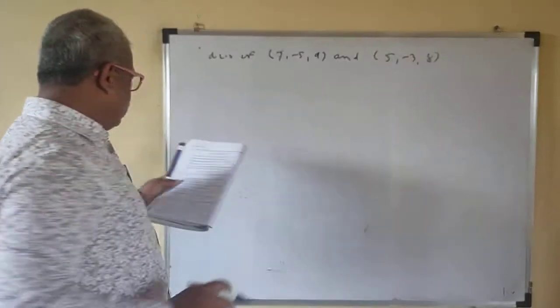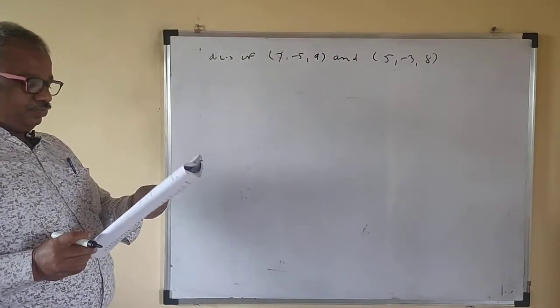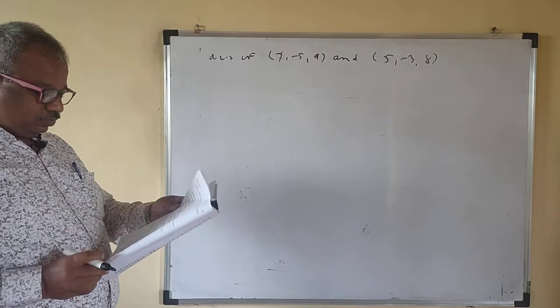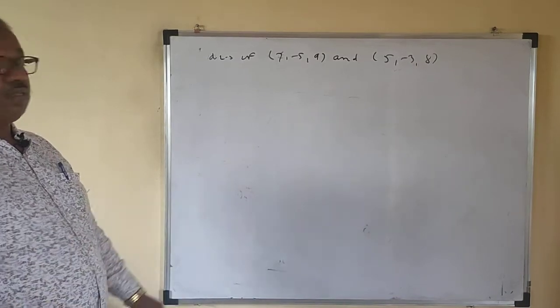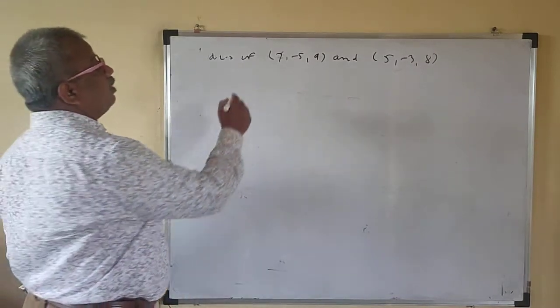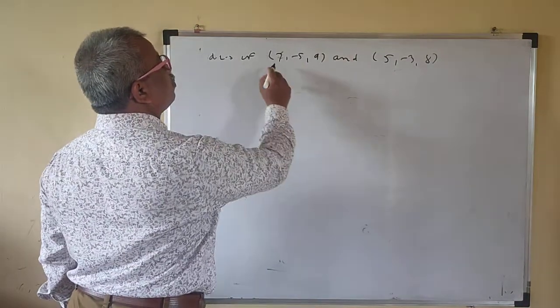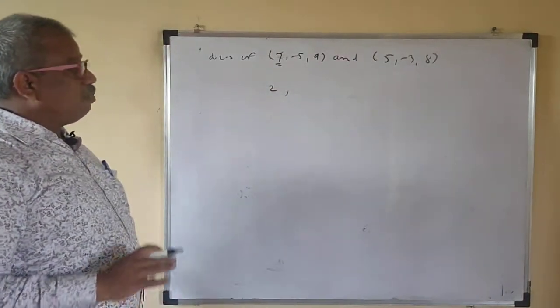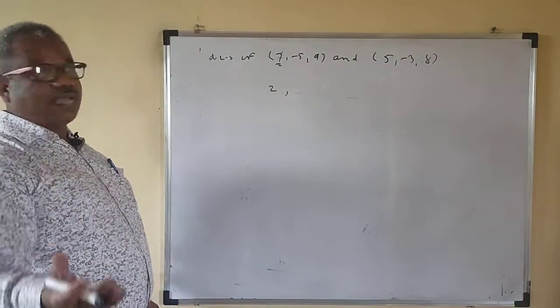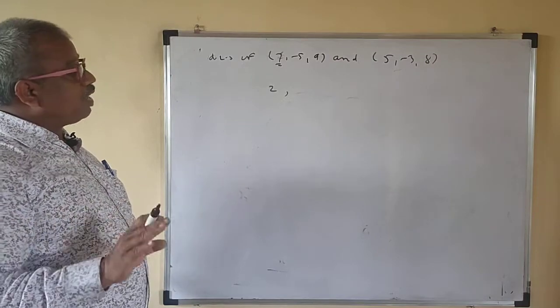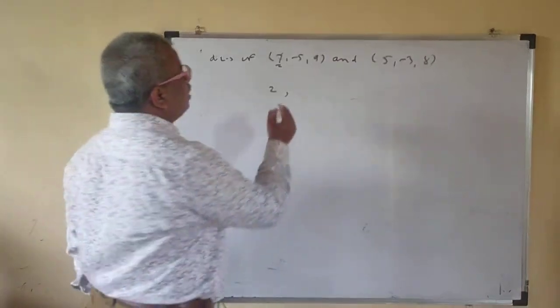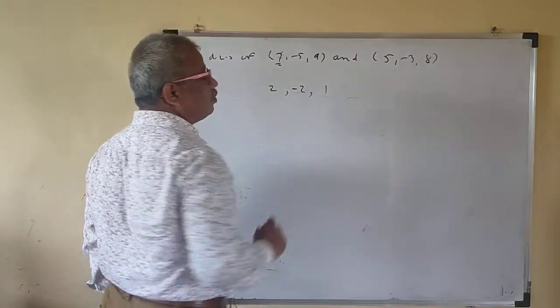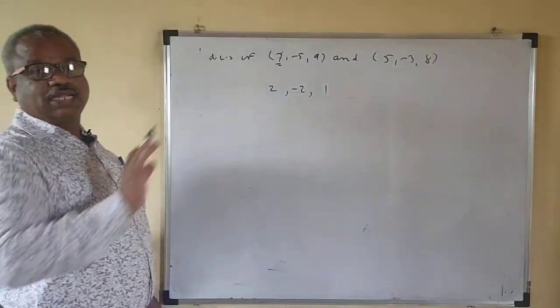Separate the coordinates: 7 minus 5 is 2. Then minus 5 minus of minus 3 becomes plus 3, so minus 5 plus 3 is minus 2. And 9 minus 8 is 1. So these are the direction ratios.